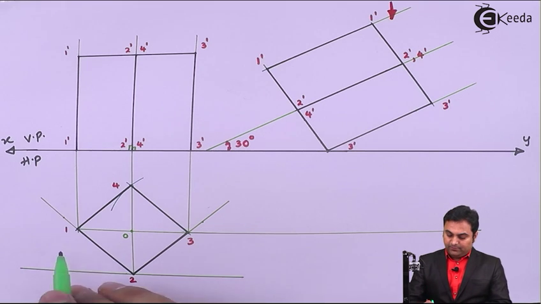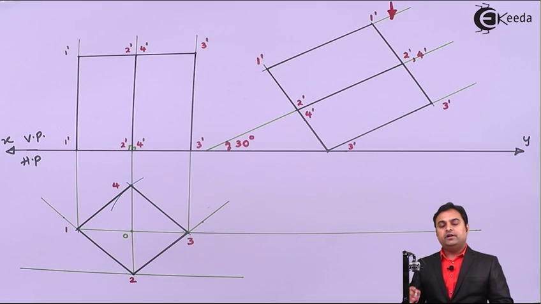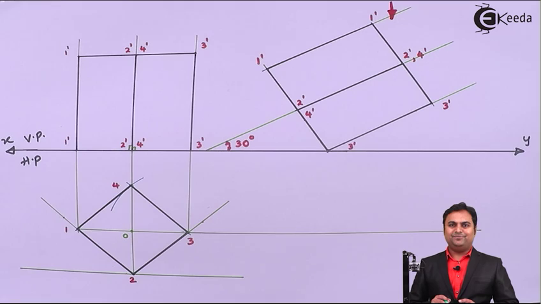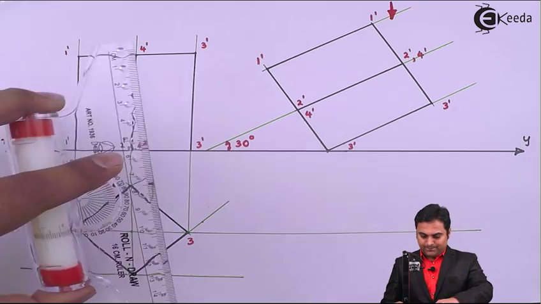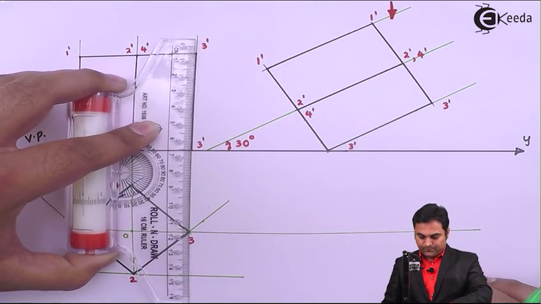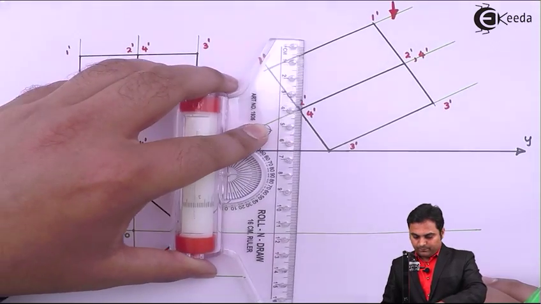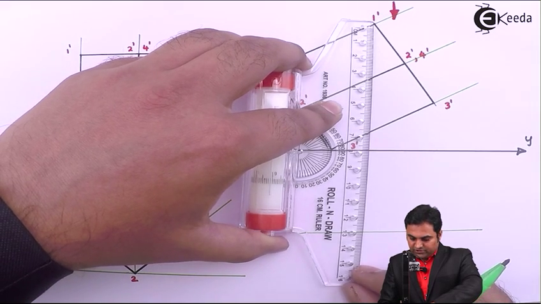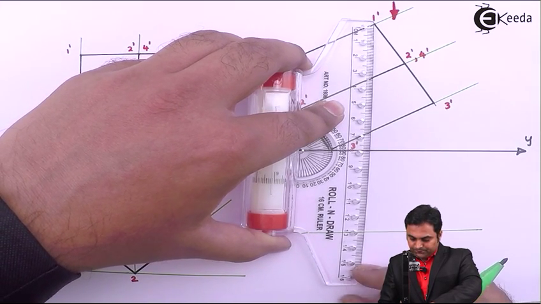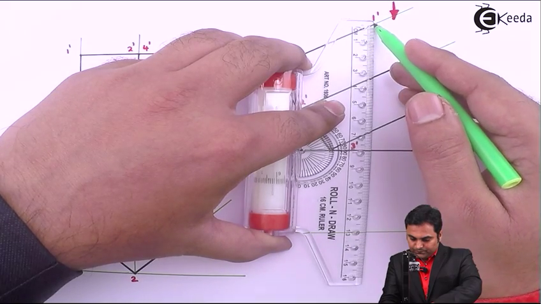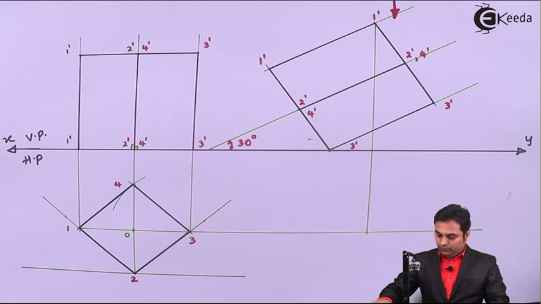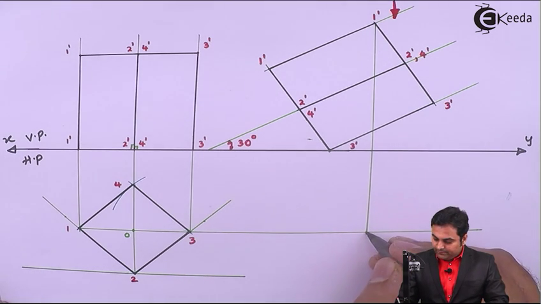We won't be taking the projections continuously of all the points and marking the projections together. We'll take one projection at a time and mark it, because sequence is quite important. So here, first is point 1 dash. Now in the top view, here I'll be getting point 1.